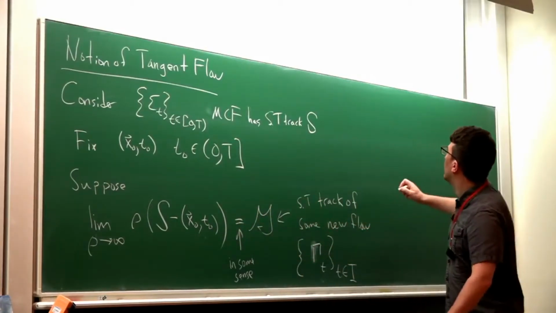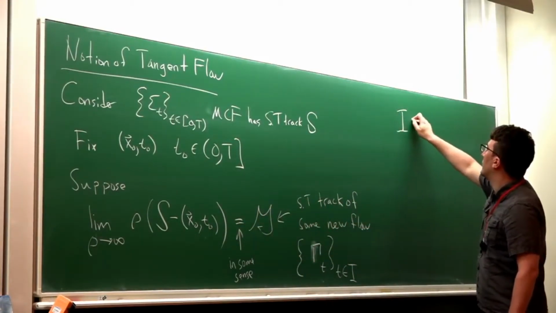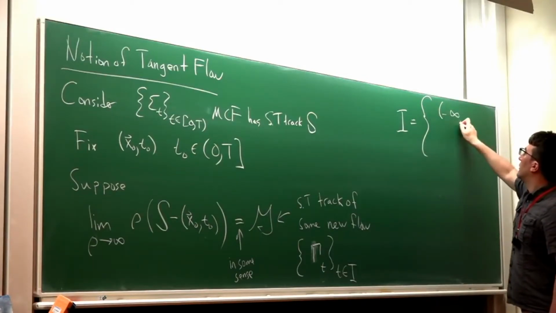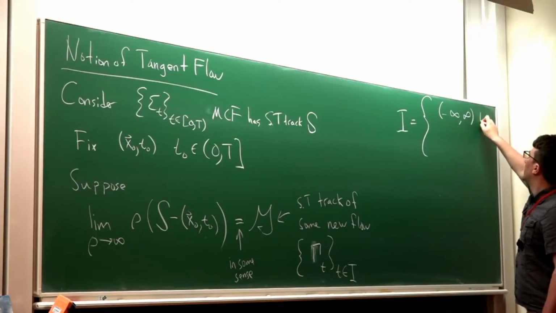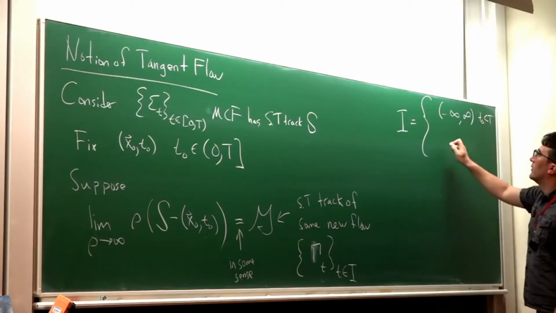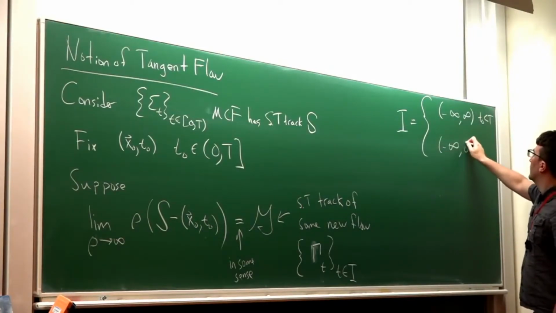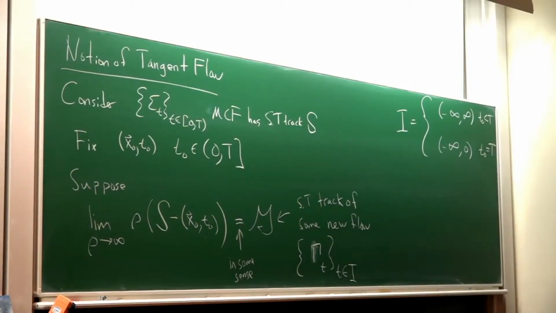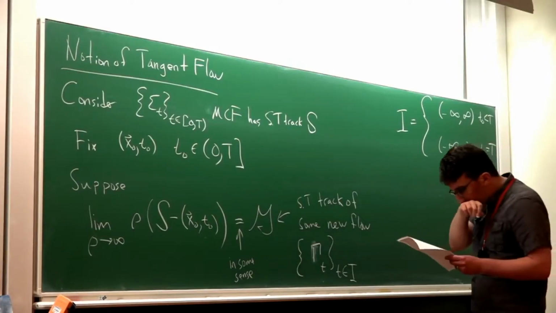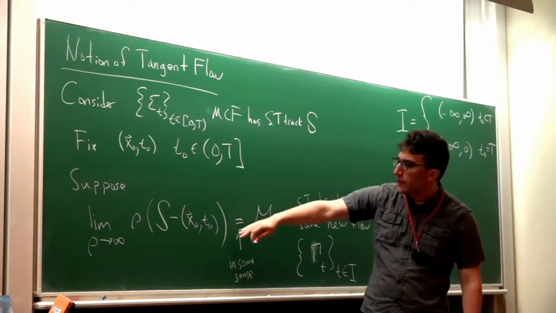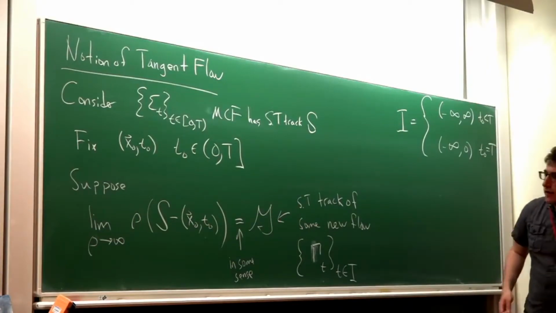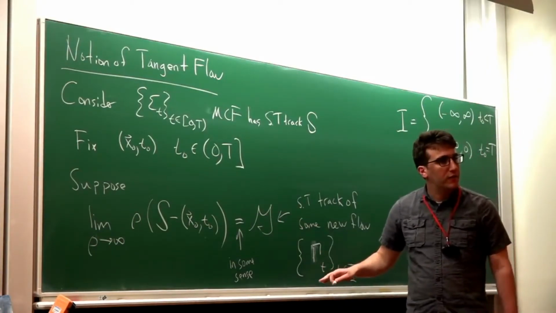So we have two cases: I is either the full interval if t naught is strictly less than t, or maybe this half interval. And if this convergence is reasonable, say locally smooth, then this new limit is still a mean curvature flow.